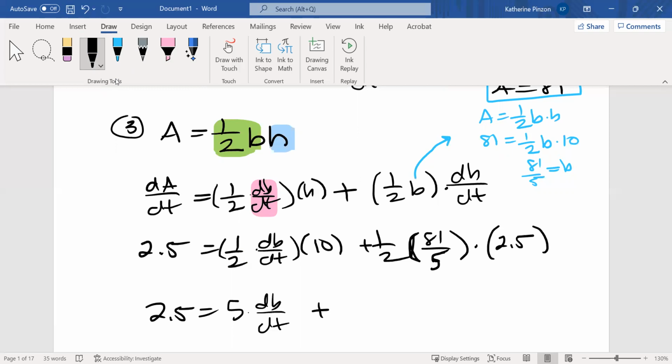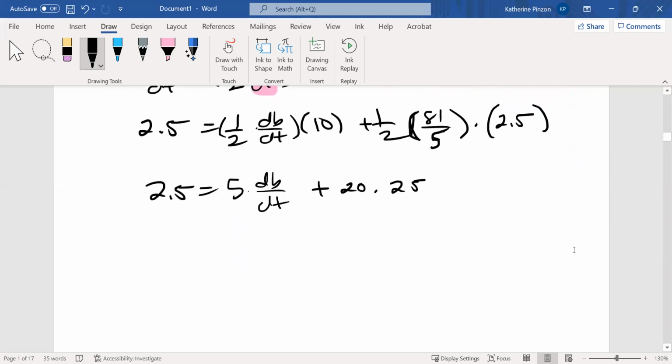So put this number in your calculator and see what you get: 1/2 times 81 over 5 times 2.5. 20.25.